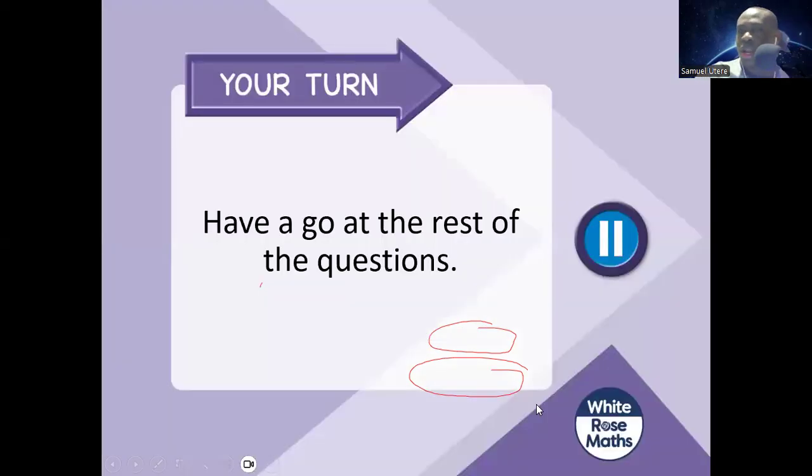Okay, I would like you to now have a go at the rest of the questions. So remember what we've learned so far. What we've learned so far is that when you multiply numbers and letters, you multiply the numbers, and when you write it in algebraic form, you need to write the letters in alphabetical order.